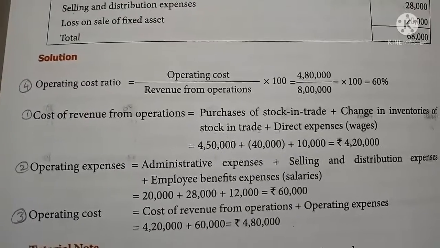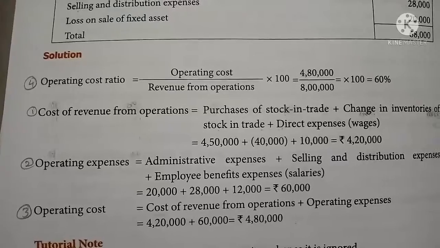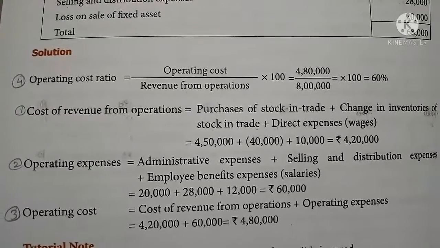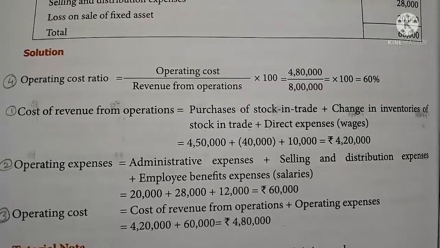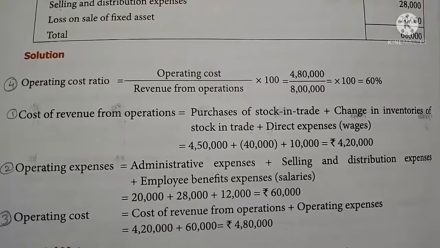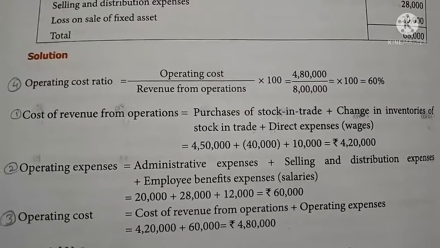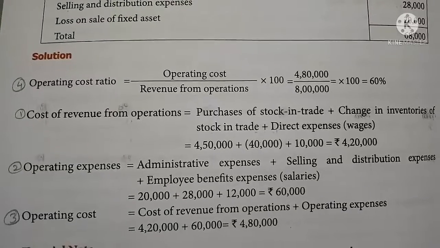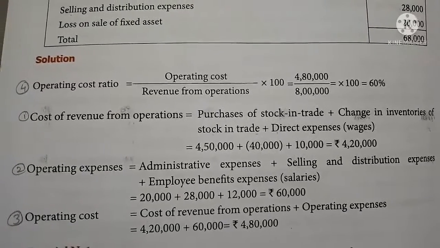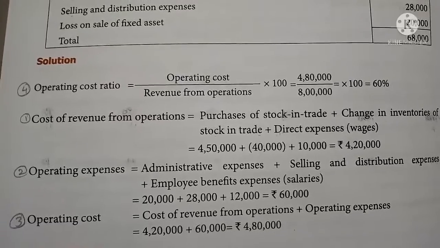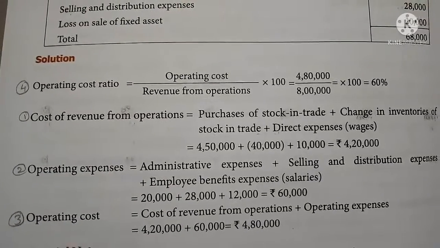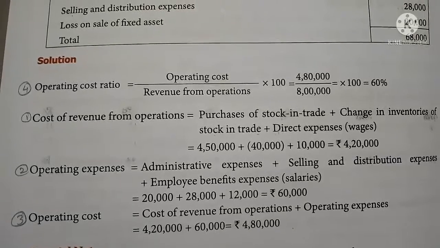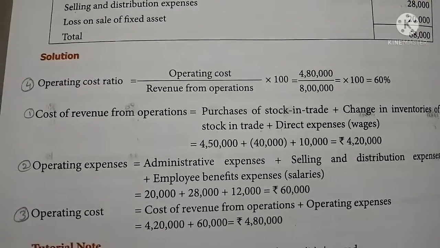In this example sum, cost of revenue from operation will be purchase of stock in trade plus or minus change in inventories of stock in trade plus direct expenses. So in the given example, purchase of stock in trade is 4,50,000 and change in inventory is given as a negative value, and plus direct expenses.